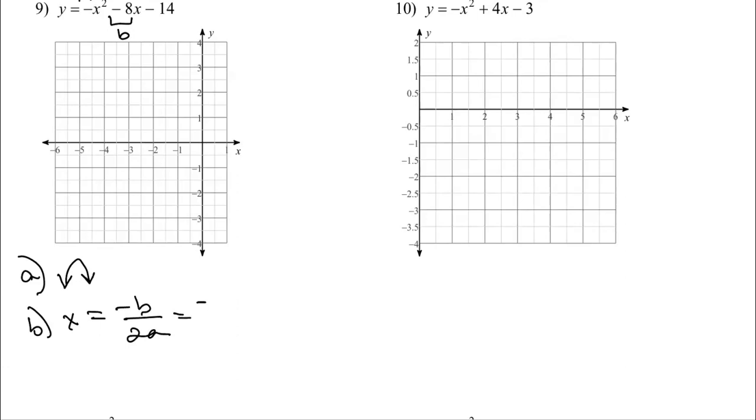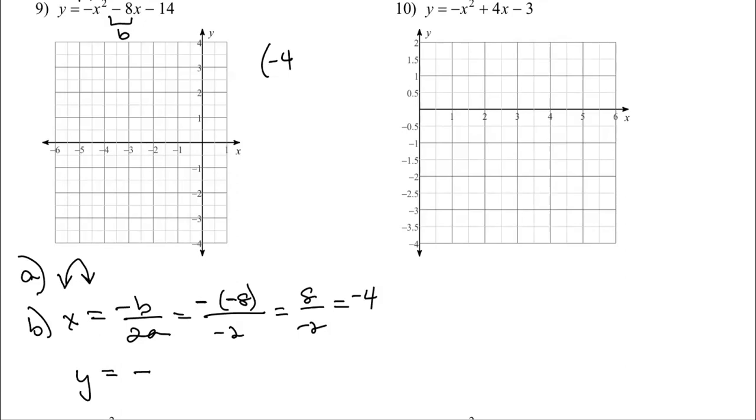Okay, so that's going to be a negative of a negative 8 over 2 times a. 2 times negative 1 is a negative 2. And negative of a negative 8 is 8, over negative 2. So the x value will be negative 4. So this will be negative 4. Now let's get the y.